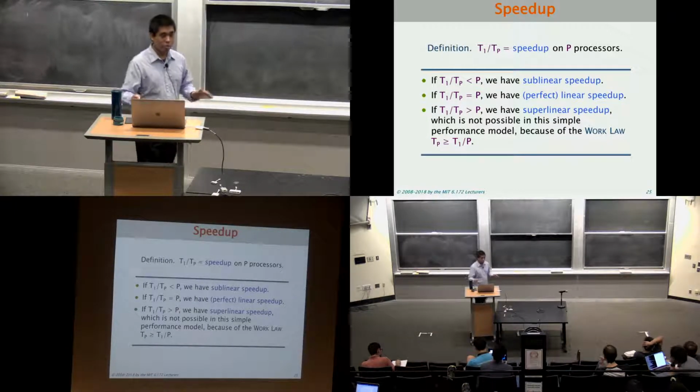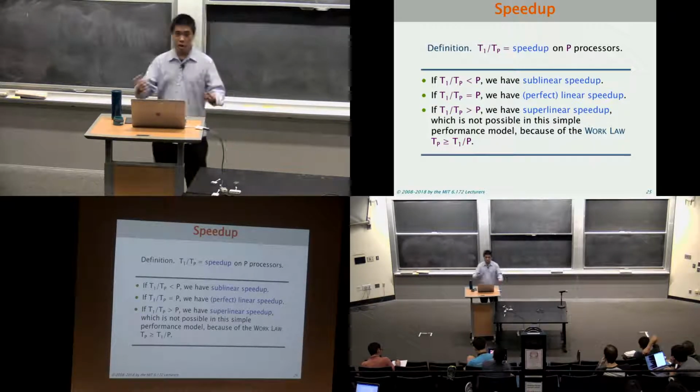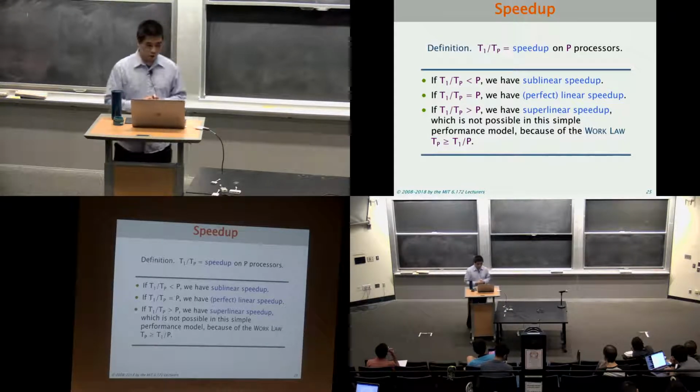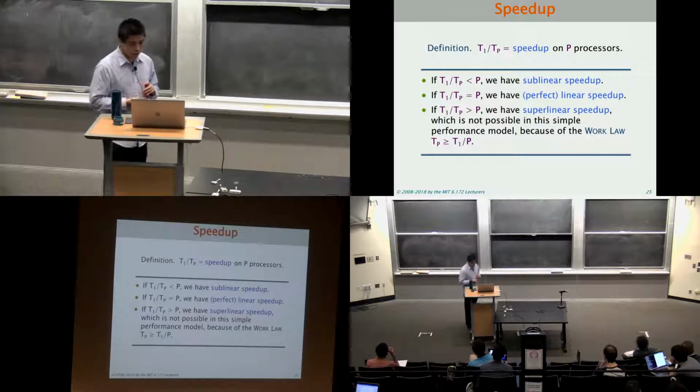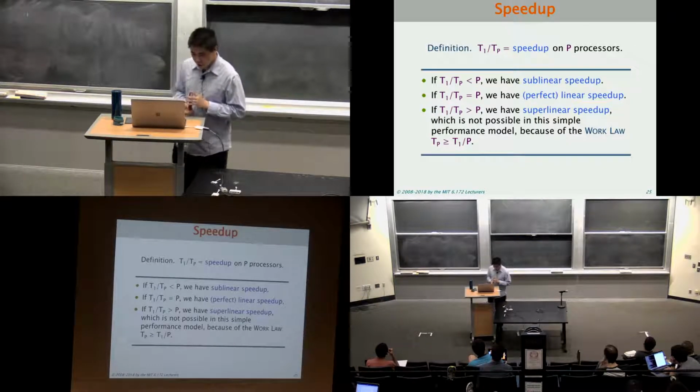I'm making use of all of my processors. I'm putting P times as many resources into my computation, and it becomes P times faster. So this is the good case. And finally, if T1 over TP is greater than P, we have something called superlinear speedup.